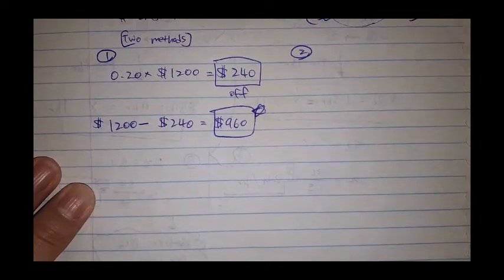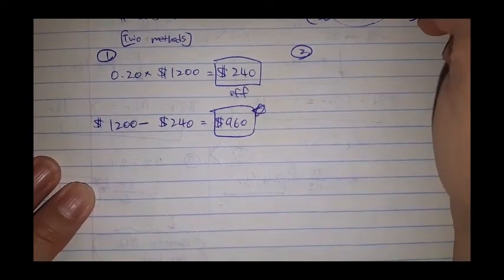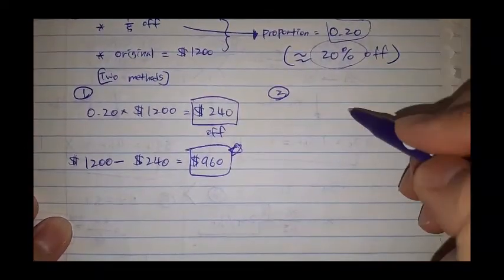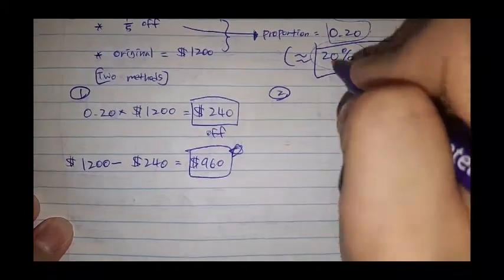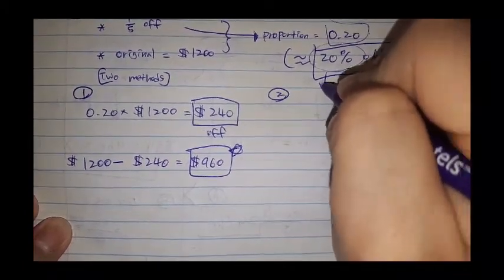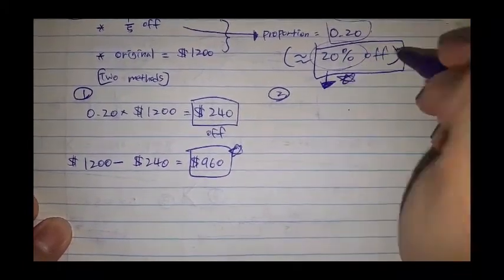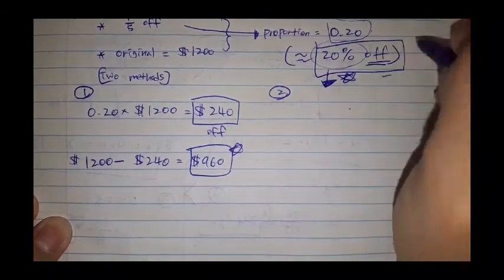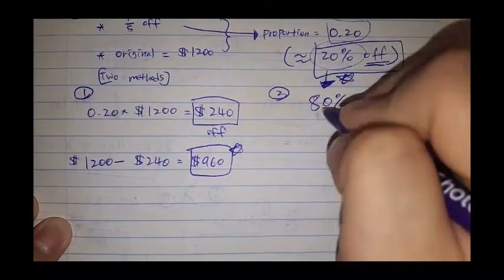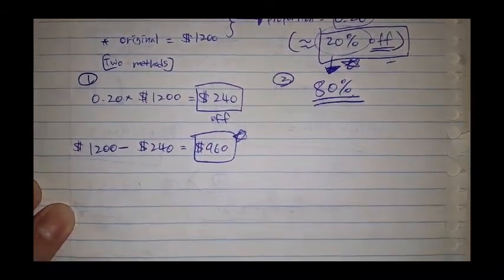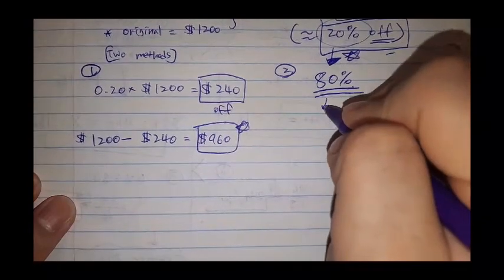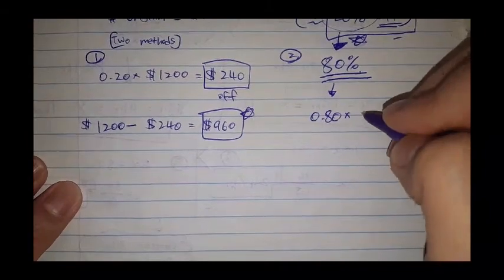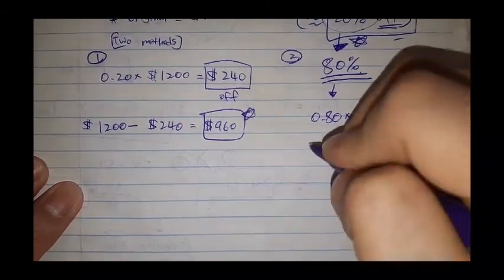And that is your first month's rent for Owen's apartment, which is 1/5 off, equivalent to 20% off. For the second method, we're not using this 0.20 ratio. Instead, I'm going to focus on 20% off, because off means subtraction. 20% off means from the total, you're just using 80% of the original amount. So you can convert 80% to a decimal and multiply by the total amount, 1,200.